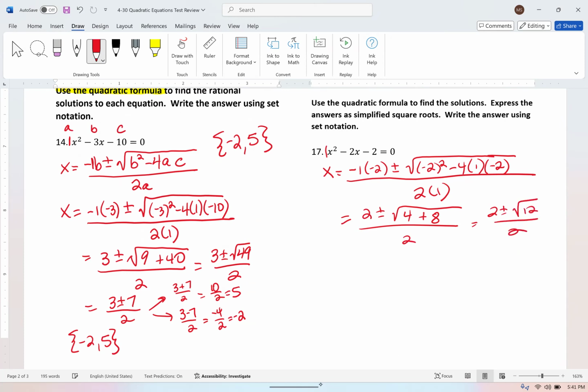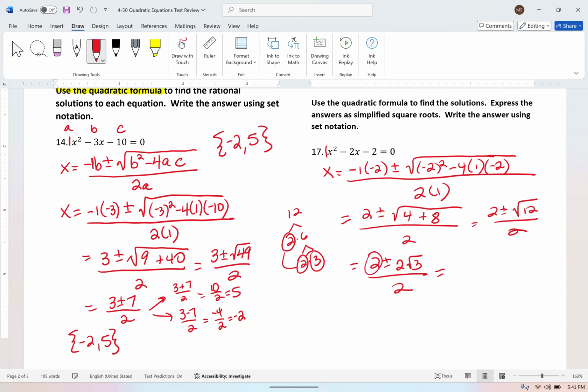Okay, and then we got a little problem here because 12 is not a perfect square. 12 is 2 times 6. 6 is 2 times 3. So 12 is 2 times 2 times 3. So you have a pair of 2's. So the square root of 12 is 2 square roots of 3. All right, and we have a common factor here of 2, so we can divide everything by 2.